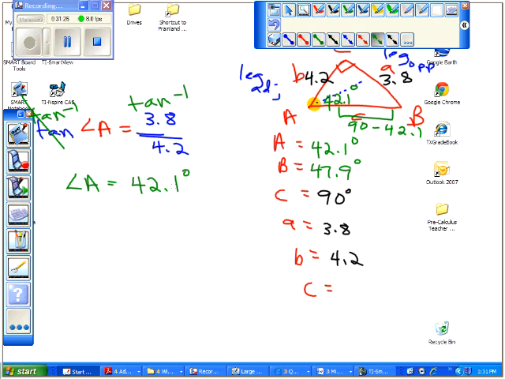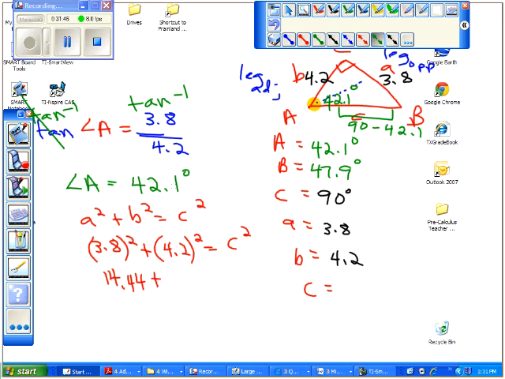To find side C, I can do the Pythagorean theorem again. So A, which is 3.8 squared, plus B, which is 4.2 squared, is equal to C squared. 3.8 squared is 14.44, plus 4.2 squared is 17.64, is equal to C squared.